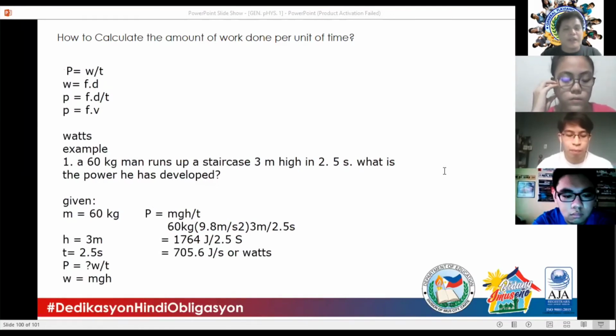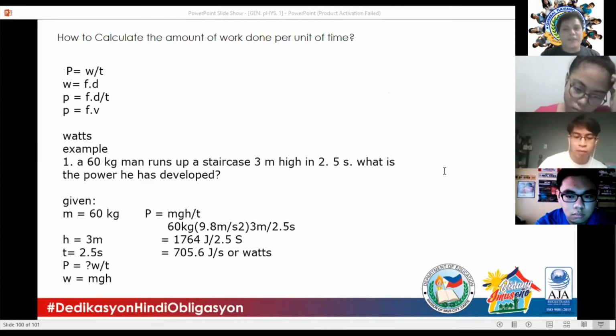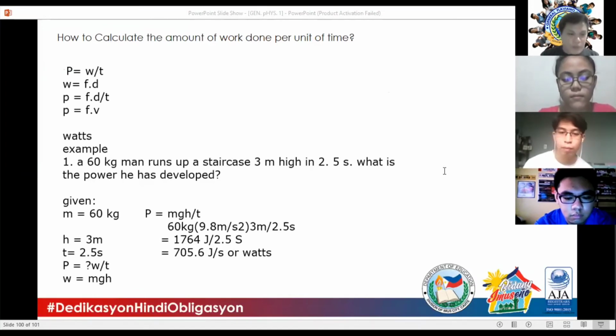Now, in performing work done, or even exerting much power to perform a certain task, syempre, one significant factor na kailangan mo is what? For you to have that work done, for you to accomplish a work, ano yung kailangan mo?